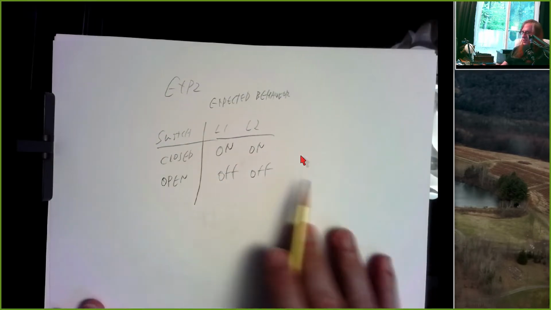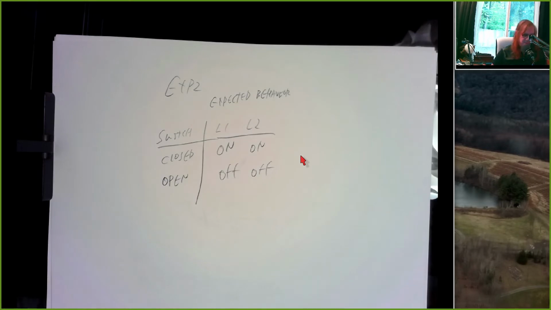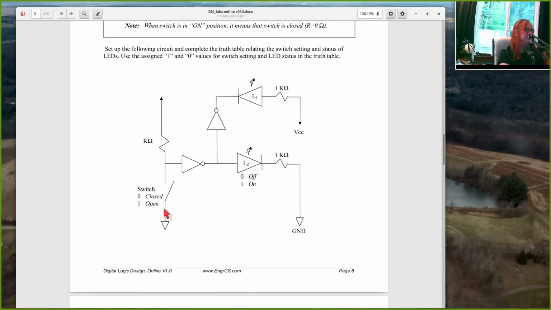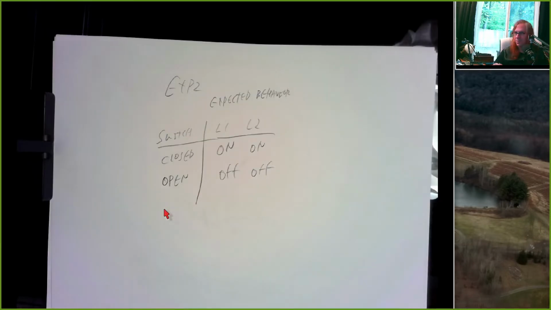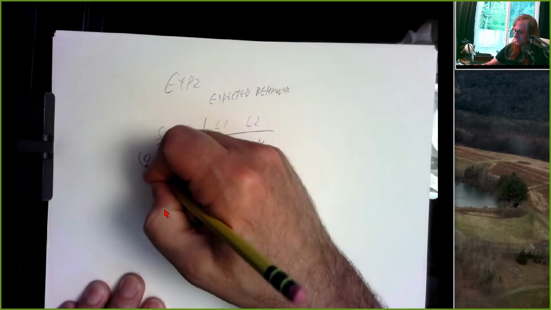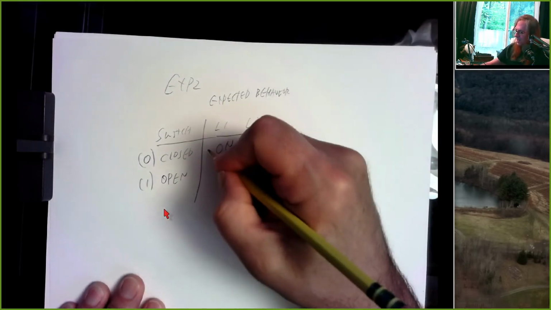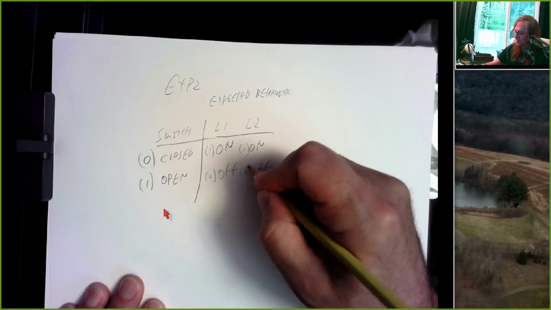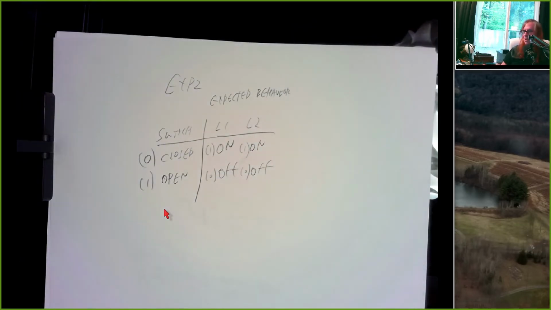So this would be our expected behavior. And we could replace this with 1s and 0s by using this guide here. It says if the switch is closed, that's a 0. So closed is a 0, open is a 1, on is a 1, off is a 0. So this is a great thing to have in your report, right?